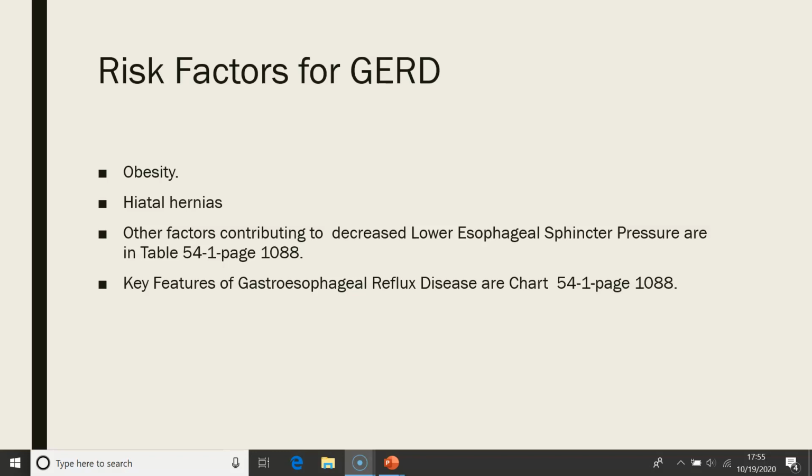Sometimes they'll even have trouble swallowing. If GERD is severe, they'll even have odynophagia, which is the painful swallowing, just because of the breakdown of cells from the erosion secondary to the stomach contents coming up into that esophagus.